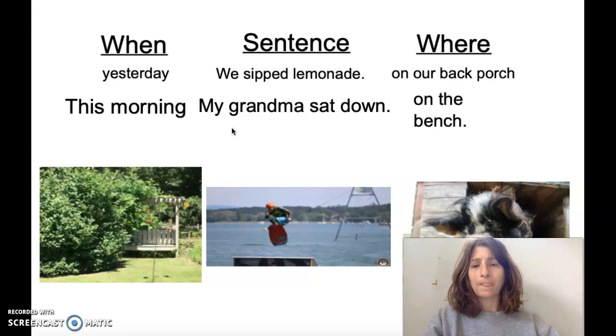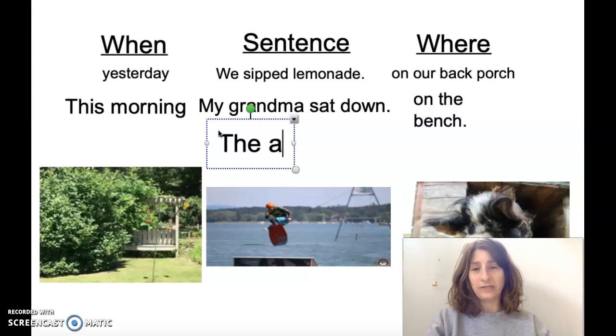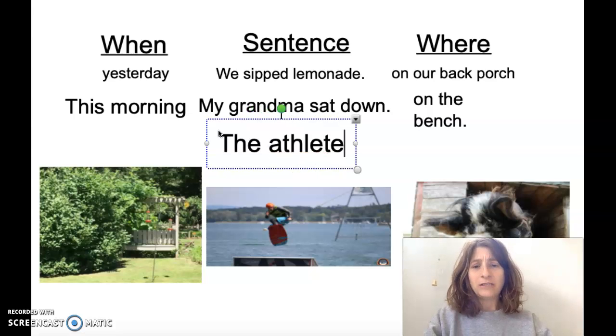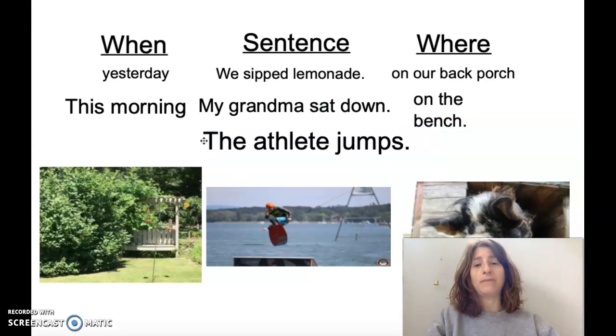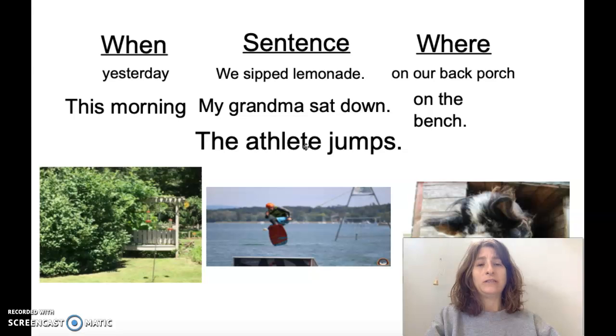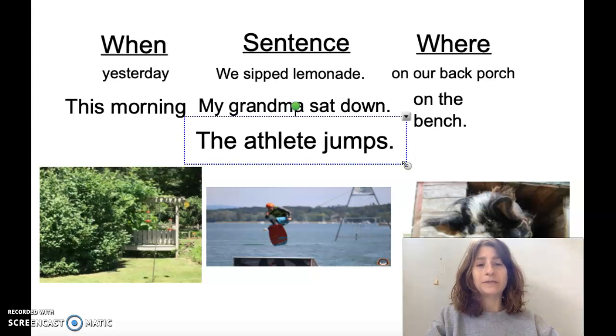I'm going to call that person the athlete. An athlete is a person who does different sports or does a sport. So the athlete jumps. That's my sentence. Who is it? Well, I'm talking about the athlete. What does he do? Well, jumps.